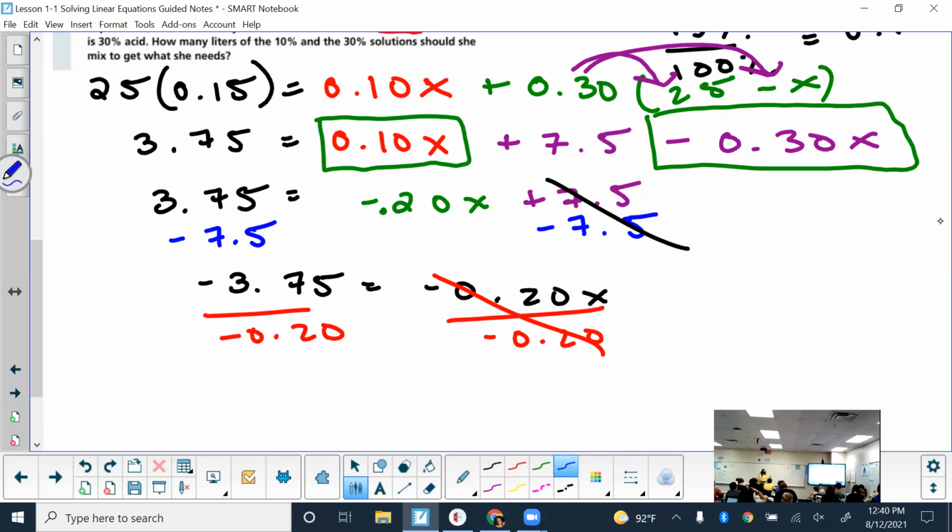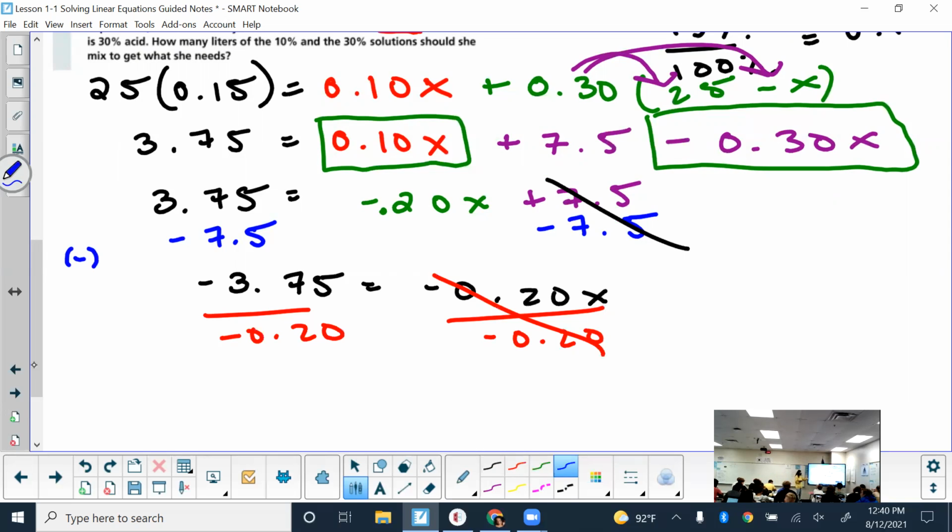Okay, so this is where a lot of people mess up on their calculators. When you're putting negative numbers in your calculator, don't use the subtraction sign. There's usually a special button by your decimal button that is a negative, might be in parentheses. You press that for your negative numbers.